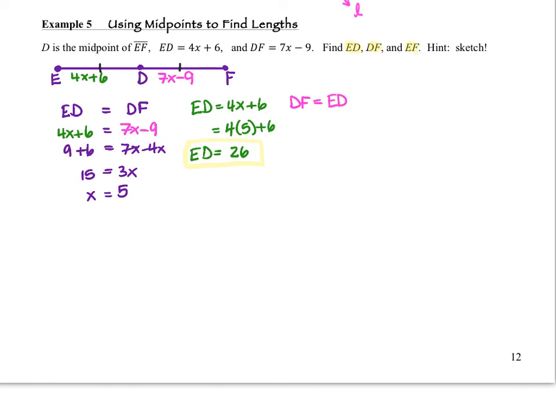Remember, we said that because D is halfway in between, so we have two congruent segments, and that means that DF is also equal to a length of 26. Last of all, we want to find the length EF, and we could do that a couple of different ways, but we know that ED plus DF is equal to EF. And if we're trying to find EF, we can just say it's 26 times 2, or 26 plus 26. So EF has a length of 52.